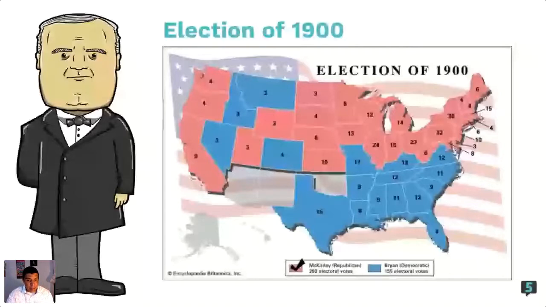And so William McKinley wins the election of 1896, and then he wins again in 1900. He runs again against William Jennings Bryan, and beats him in 1900 as he did in 1896. One main thing changes, though. In 1900, William McKinley picks a man named Theodore Roosevelt to be his vice president.